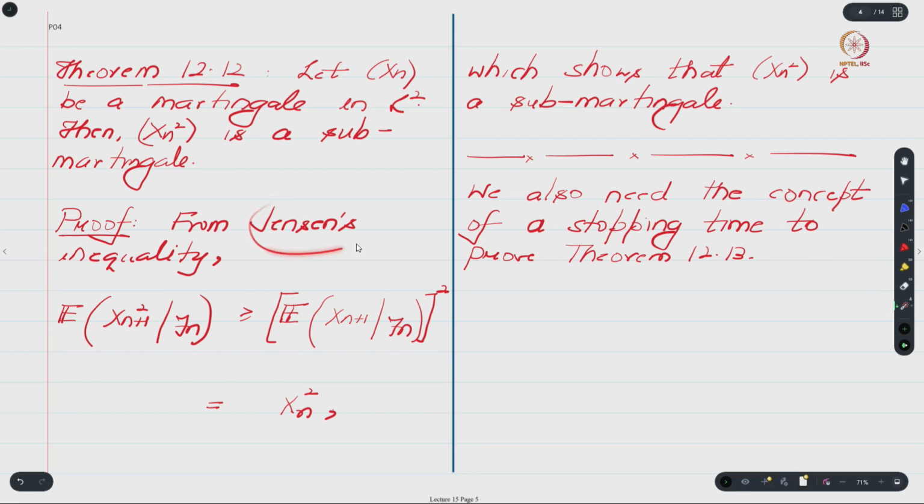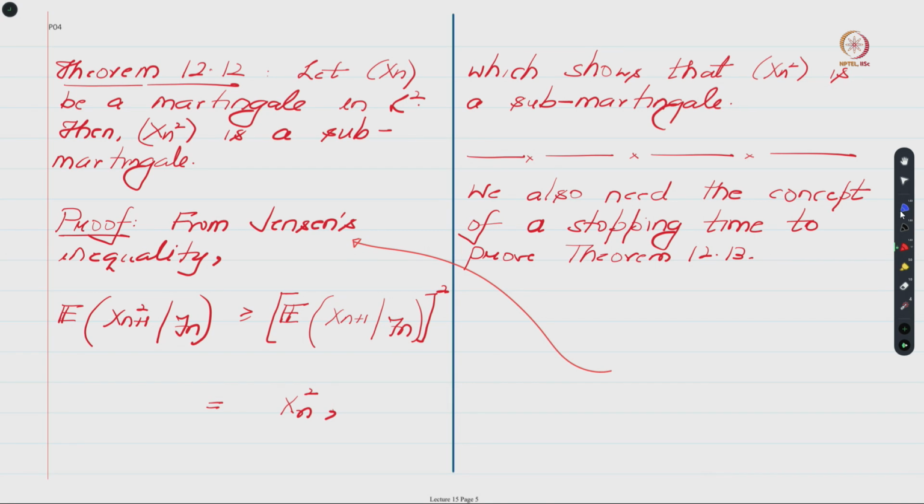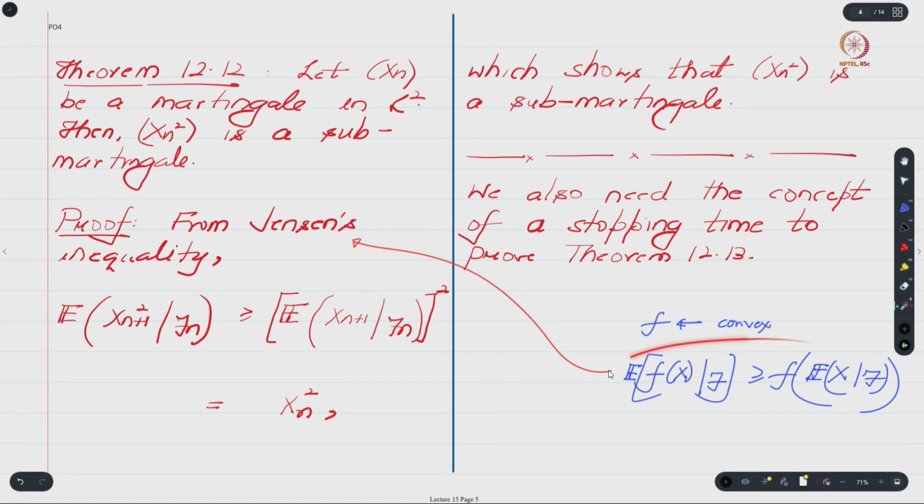From Jensen's inequality in the context of conditional expectations, we know that if f is convex, then the conditional expectation of f of X given F is greater than or equal to f of the expected value of X given F. Okay, so this was Jensen's inequality for the case of conditional expectations.